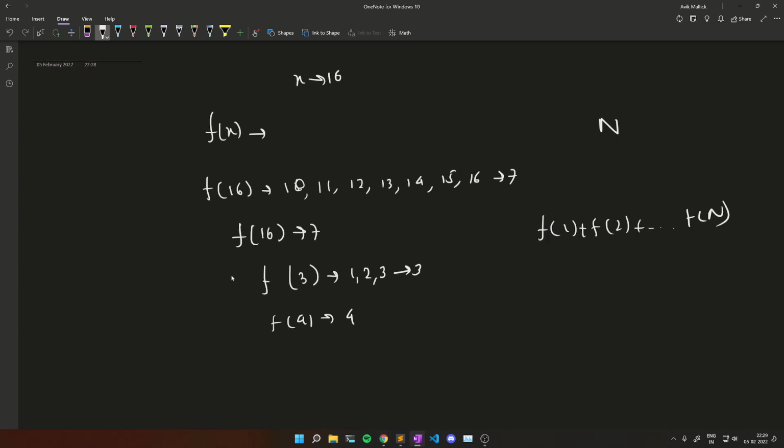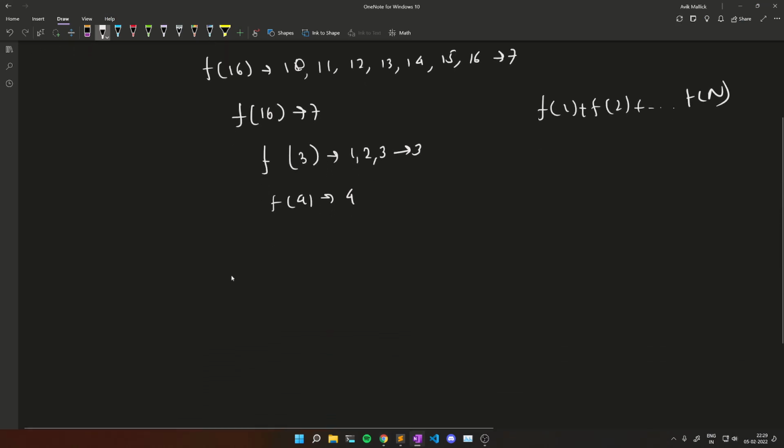Now one thing to observe here is that for every f(x) I am showing you some value. For 1 it will be 1, for 2 it will be 2, for 3 it will be 3 because there are 3 values 1, 2, 3. Thus for 9 it will be 9 values: 1, 2, 3, 4, 5, 6, 7, 8, 9.